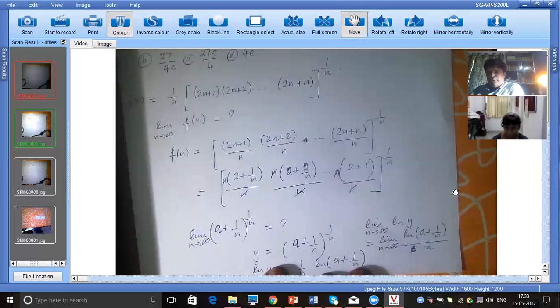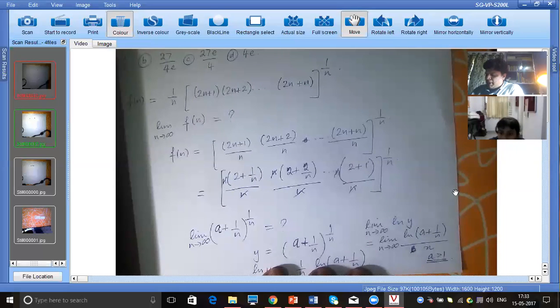Now I'm going to let n go to infinity, and I know that a is greater than 1. Then what happens to the limit?